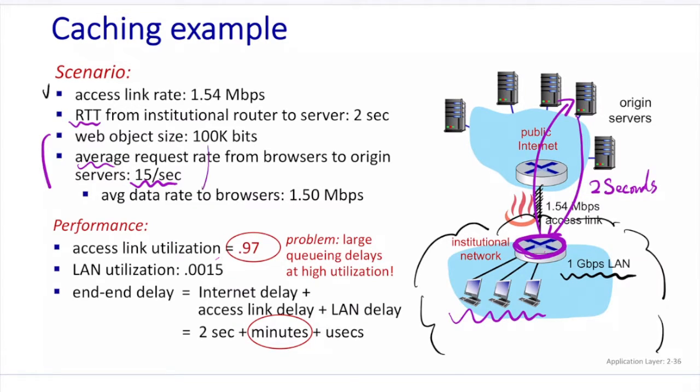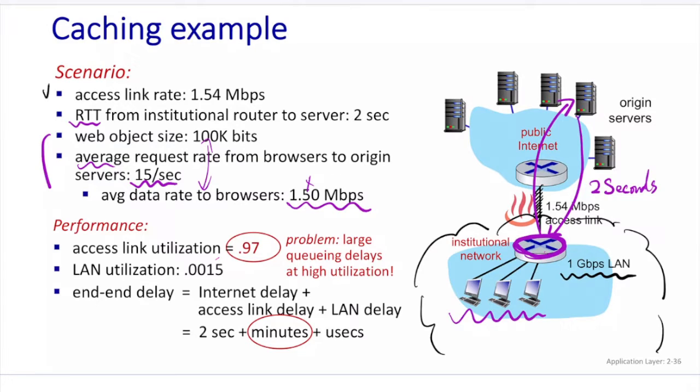So we multiply these values. In total, the average data rate, the requesting rate, is 1.5 Mbps. One object's size is 100K bits, and on the average, for 1 second, they need to request 15 objects. So in total it should be 1.5 megabit per second.